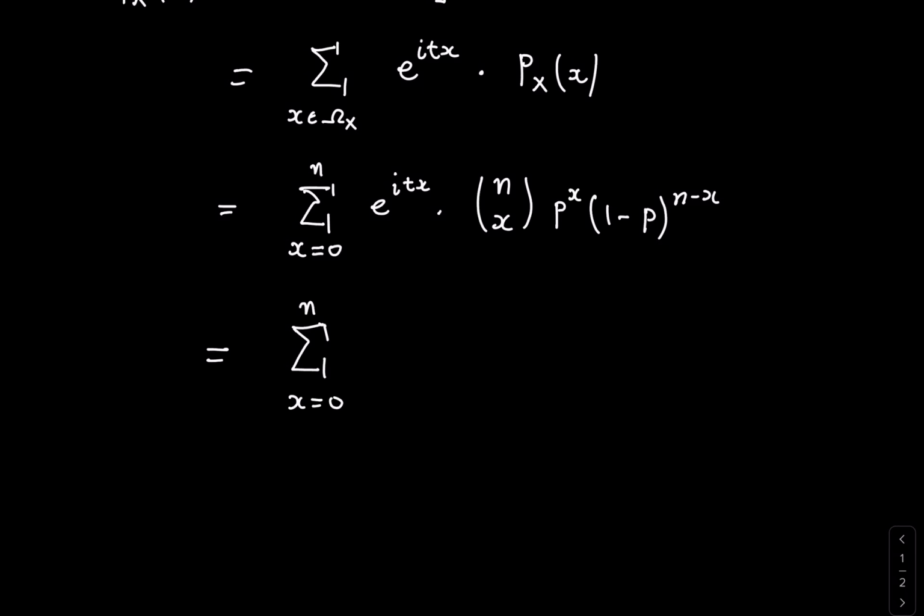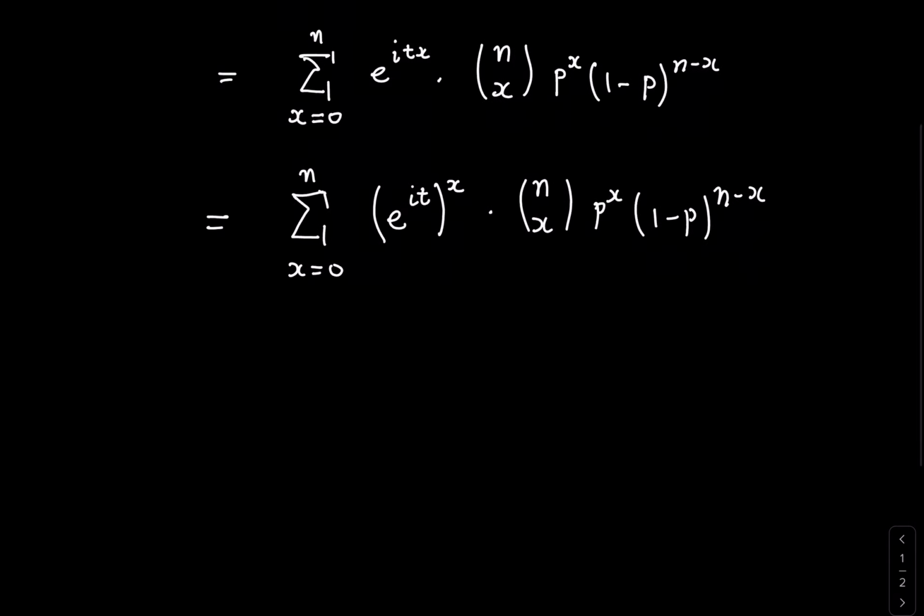I'm going to rewrite e to the i t x, or e to the power of i times t times x, as (e to the i t) all to the power of x, using my power laws, and then I'm still going to multiply by all the other parts in this expression, n minus x.